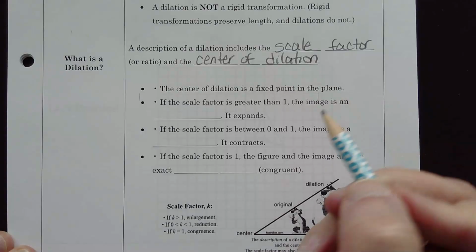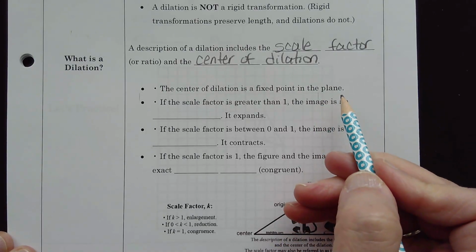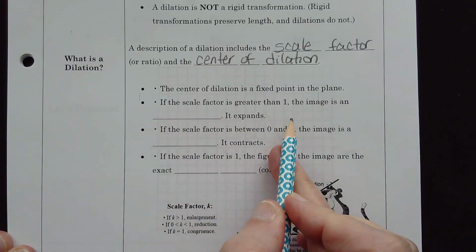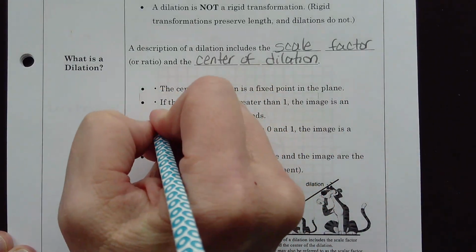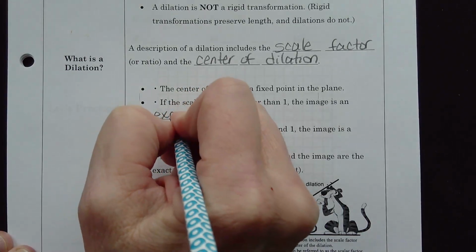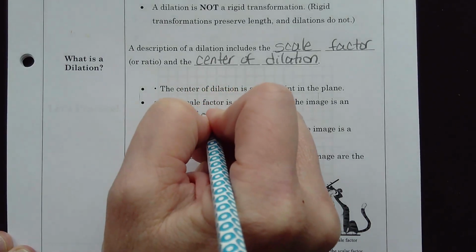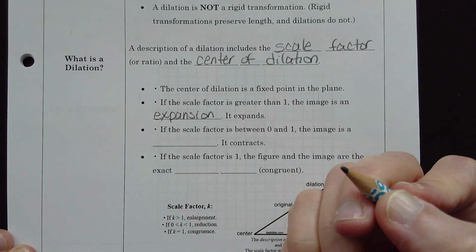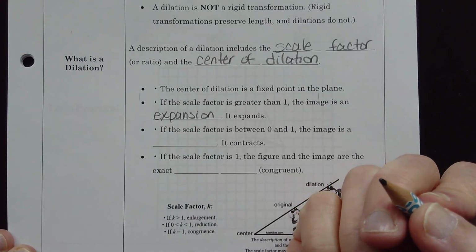The center of dilation is always going to be a fixed point in the coordinate plane, and if the scale factor is greater than 1, the image is an expansion, which makes sense because numbers multiplied by numbers larger than 1 get bigger.